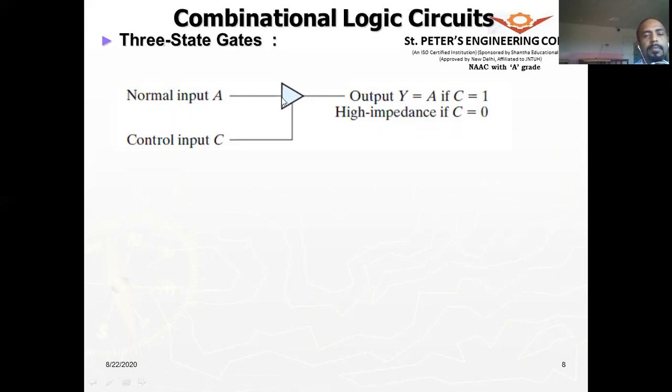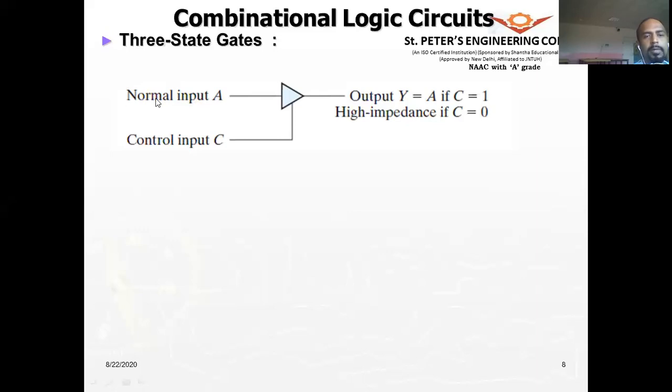Okay. Now, in certain cases, we don't want the input to be available at the output. So we want the circuit to be present, but we want it to be isolated. The input and output are to be isolated. When will this condition occur? The simplest example is, say, we are talking of the mobile phone and you are receiving data on your mobile phone.